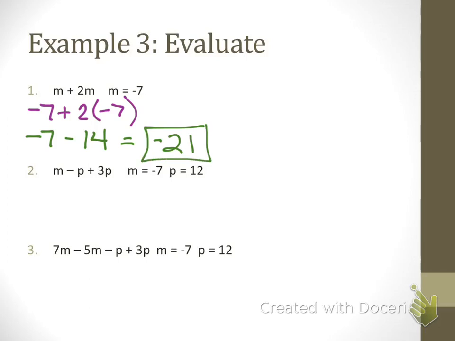All right, second one, number 2. Following the same steps, we're just plugging in. So m minus p plus 3p. Plug in negative 7 minus 12 plus 3 times 12. So negative 7 minus 12, same sign, add and keep. Riley, what would it be? Negative 7 minus 12.